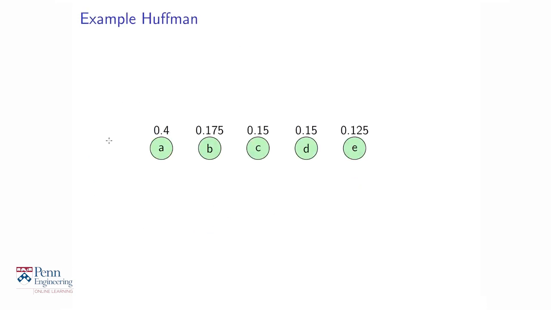So here is another example with 5 symbols this time, A, B, C, D, E. And you can see the frequencies. A is much more frequent than any of the other symbols.